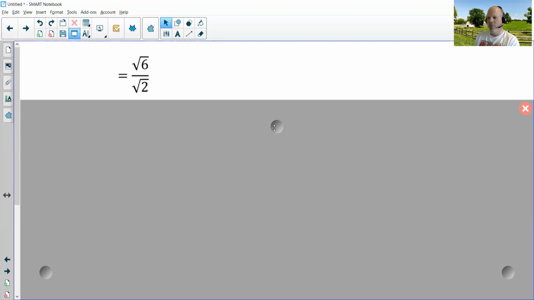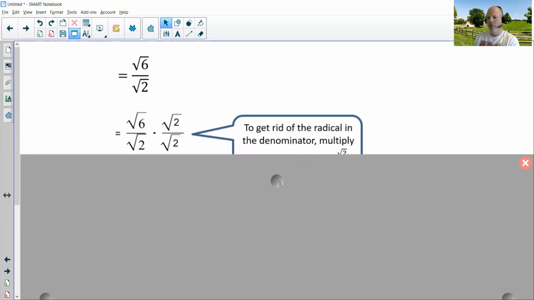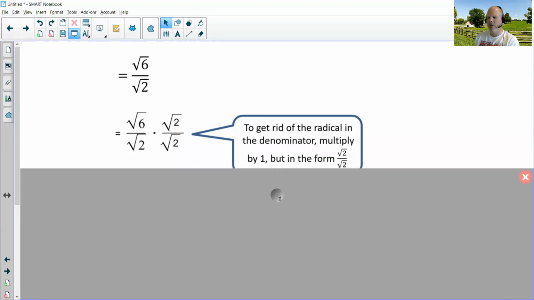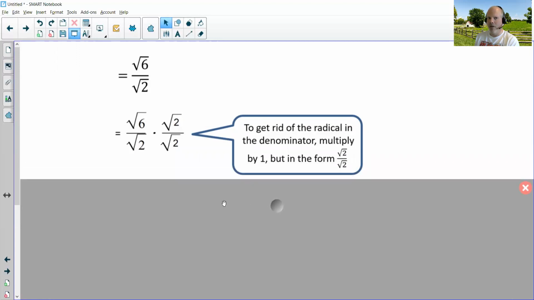But the trick is we multiply by 1 in the form of the radical in the denominator over itself. So I'm multiplying square root of 6 over square root of 2 by 1 in the form of square root of 2 over square root of 2. Because I'm multiplying by 1, I'm not changing the value of the expression.